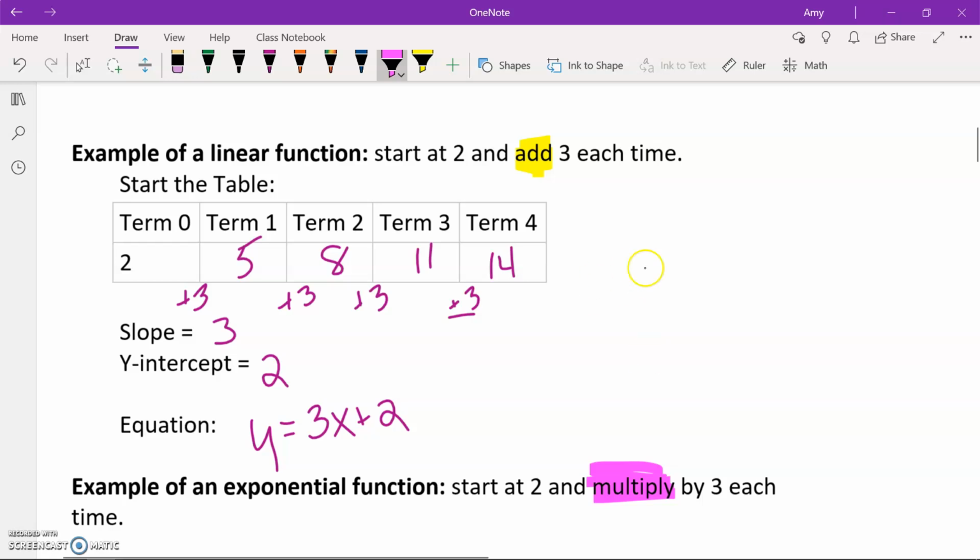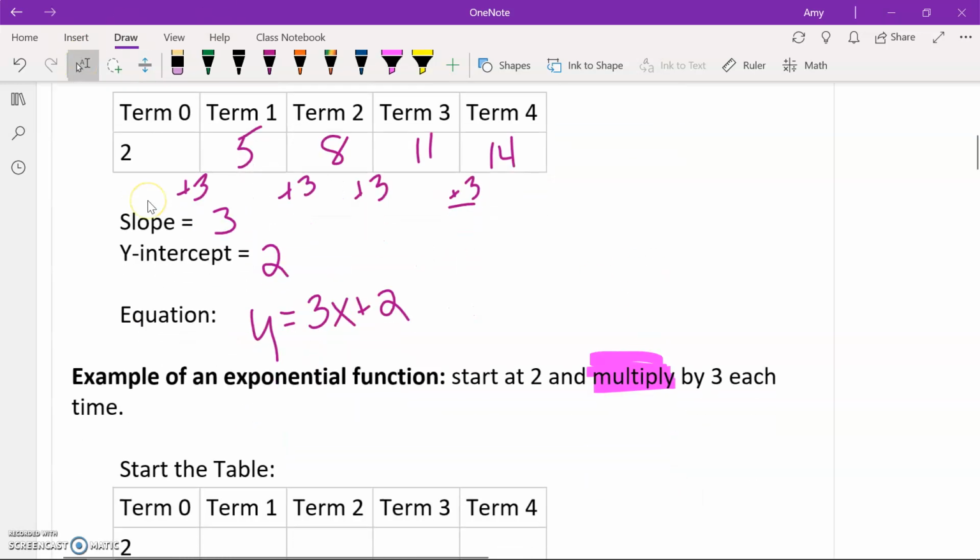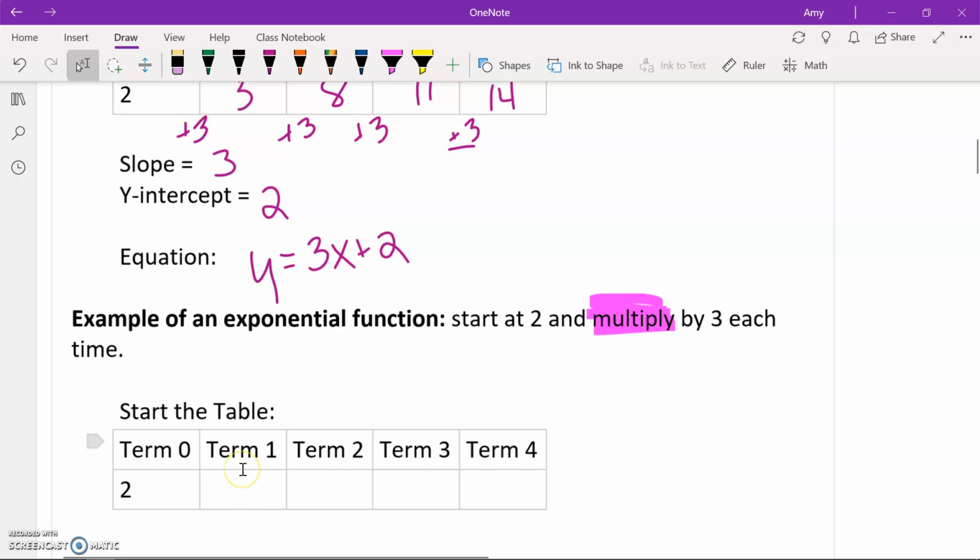each time. So if you're starting at 2, I'm going to go times 3 and we're going to get 6. Then I'm going to do times 3. 6 times 3 is 18. Then I am going to go times 3, and 18 times 3 is 54.